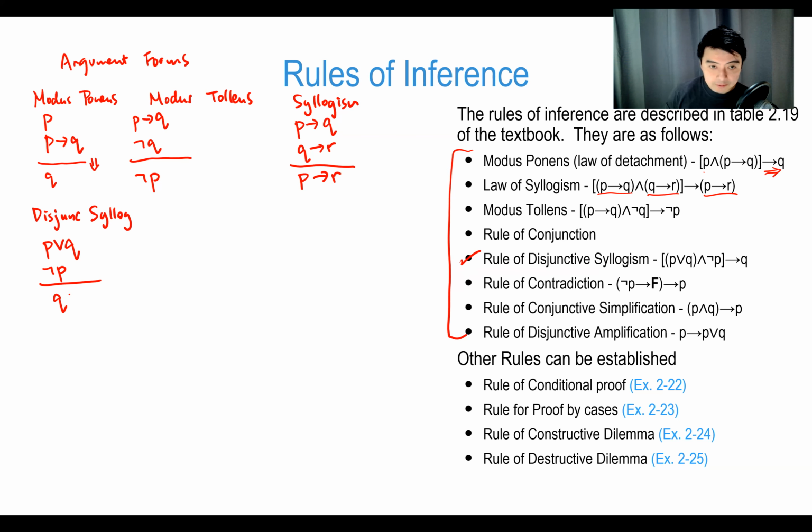All right. What's another one here? We have conjunctive simplification as well. So conjunctive simplification says P and Q. Okay, so if I have the statement P and Q, I can break them up into P and, realistically, I can break it up into Q as well.